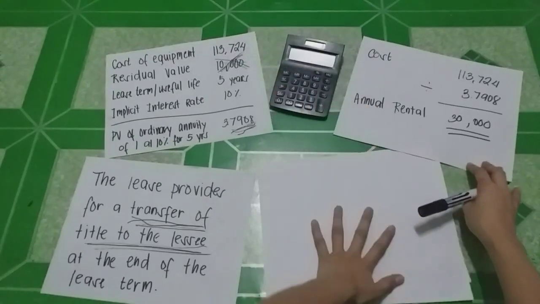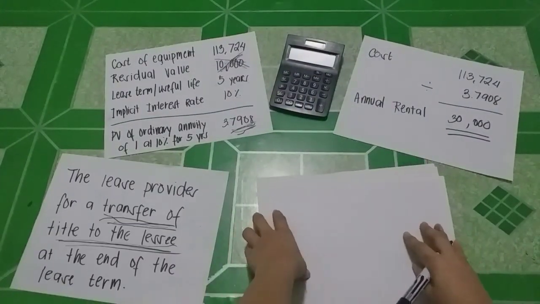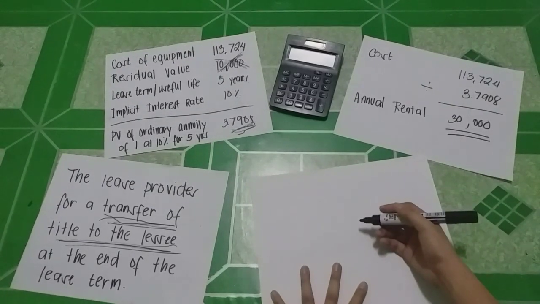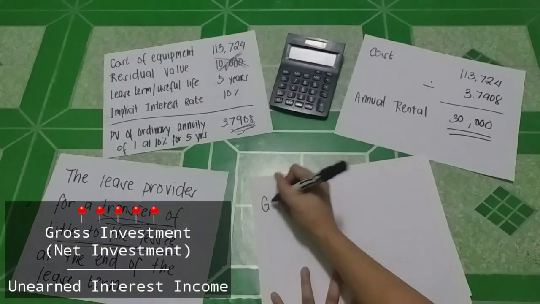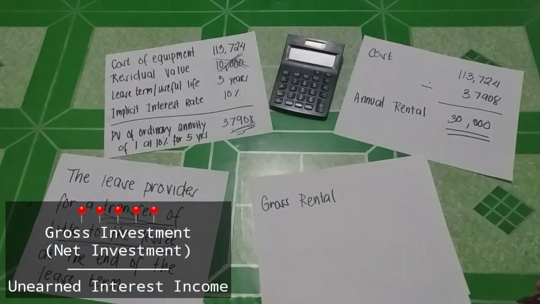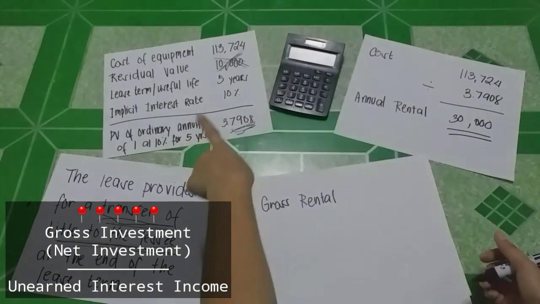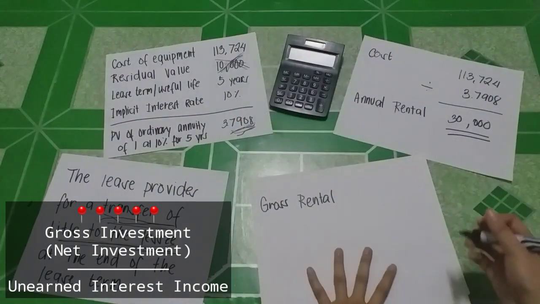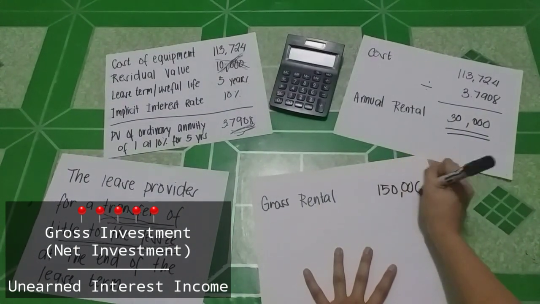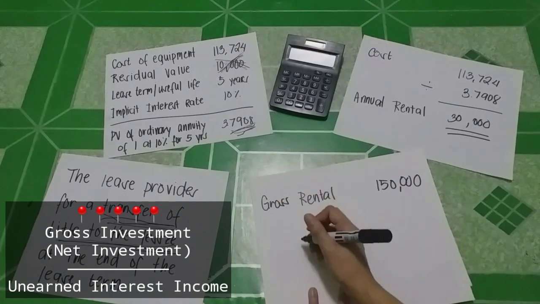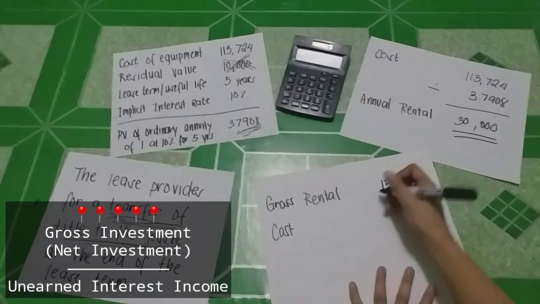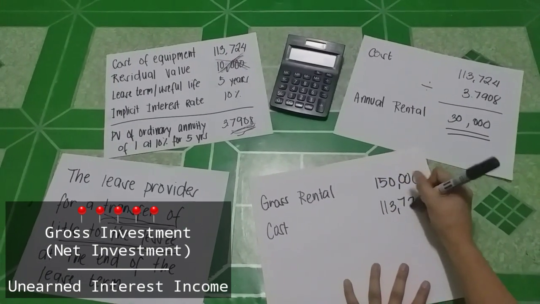And we can now compute for the unearned interest income. So, to compute for the unearned interest income, let us first determine the gross rentals. So, yung gross rentals, annual rental multiplied by the lease term or the useful life of the asset. So, 30,000 times 5 would be equal to 150,000. Deduct natin yung cost ng equipment, which is 113,724.